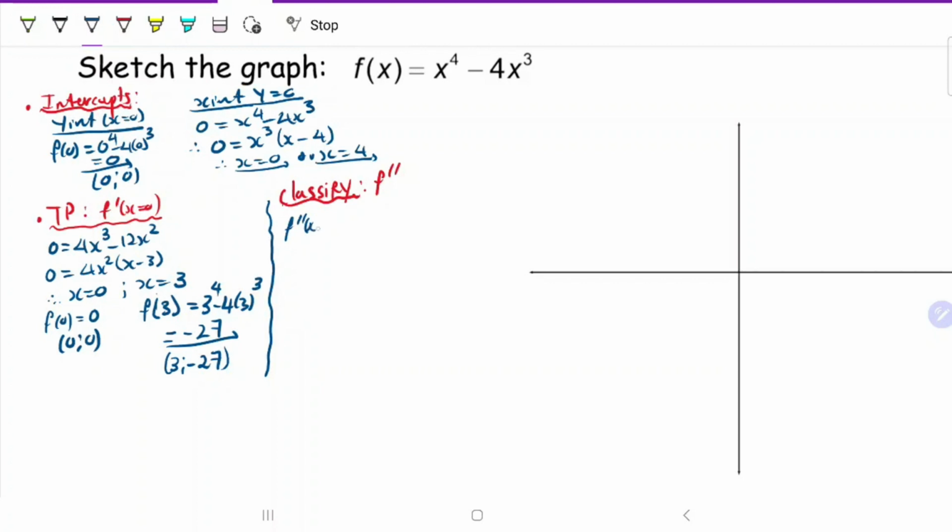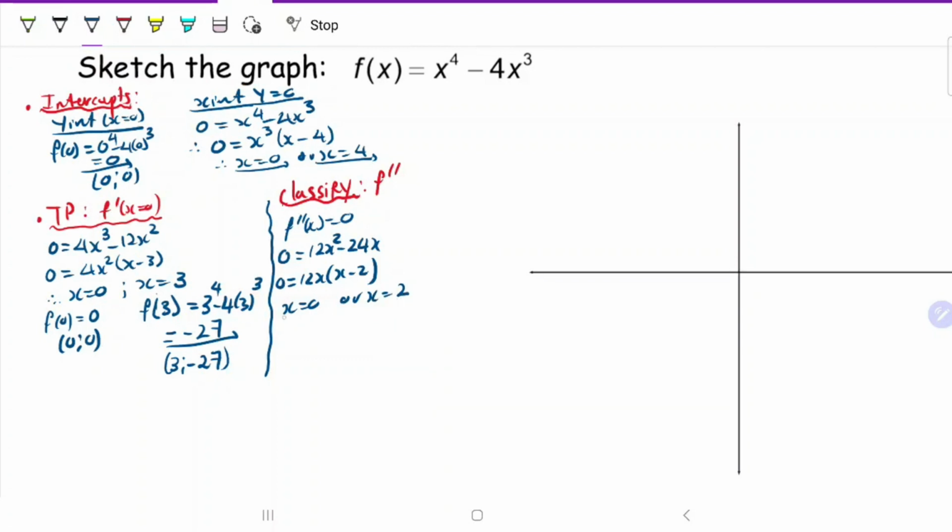So this becomes 0 equals 12x squared minus 24x. From here, we can factorize 12x, which gives us x minus 2. Then we get that x equals 0 or x equals 2.